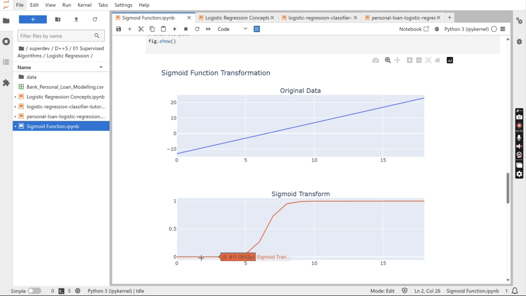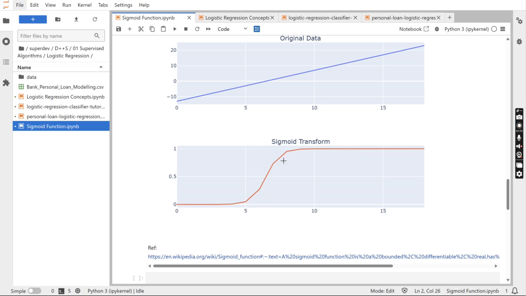Now, why do we need this curve is the question. Why is this curve important for us? Very simple. In the curve, the upper values, anything above this 0.5, will be part of one class, and any value that comes below this 0.5 will be part of another class. Let's just say a person is getting a loan.